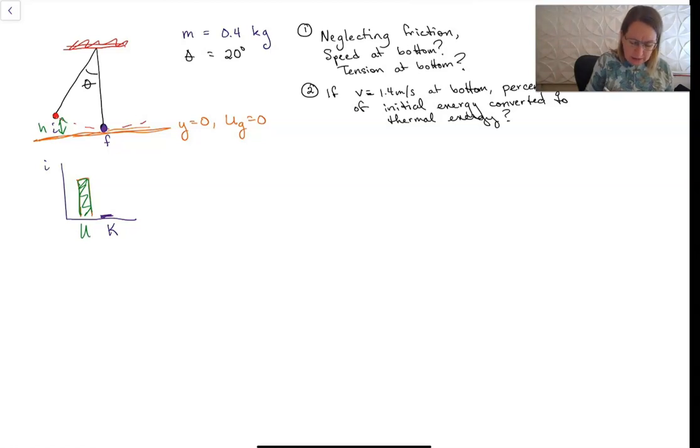And so that's equal to E initial is equal to U initial, which is equal to mg, that h that's drawn.